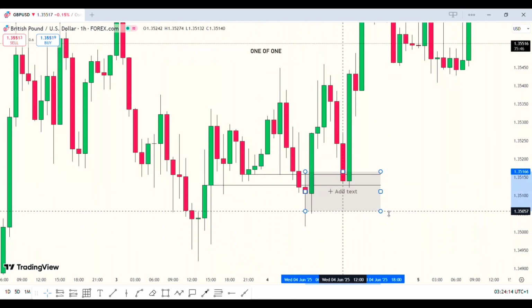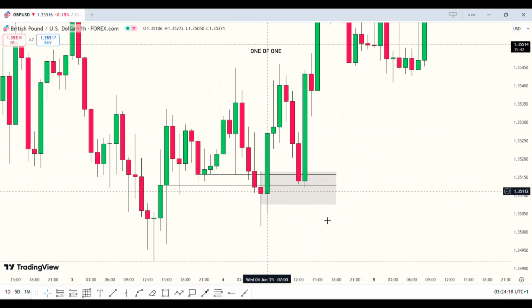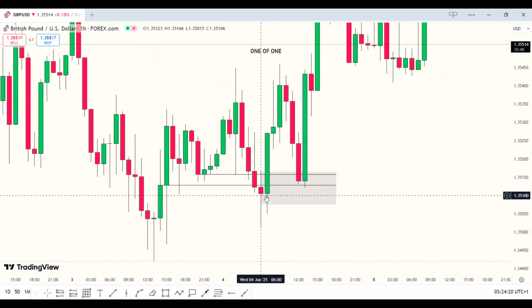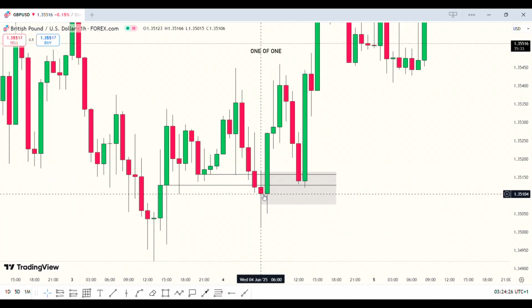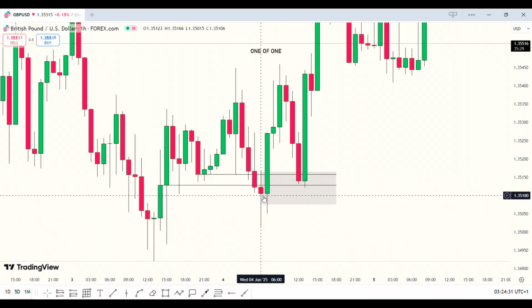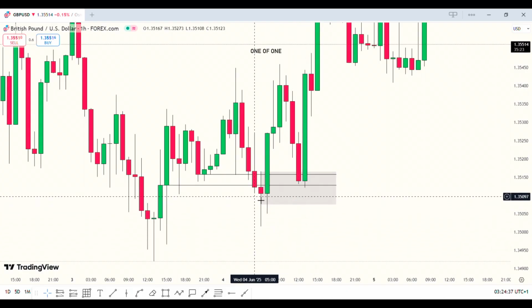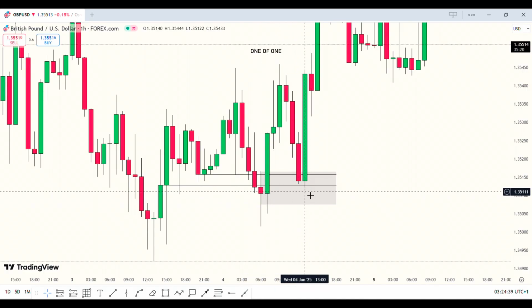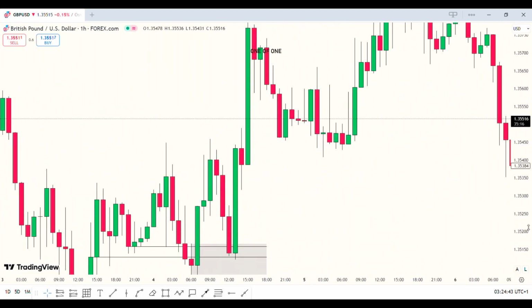So what I would do in this case is refine it, but leave some space for this particular closing price, because price could come down into this closing price and tap into it. But any form of tag on this closing price, I wouldn't expect price to go into any deeper drawdown. I would expect it to be like a sniper and a reversal, right? So the same stuff here.